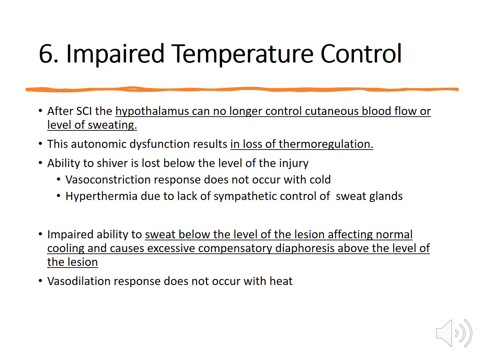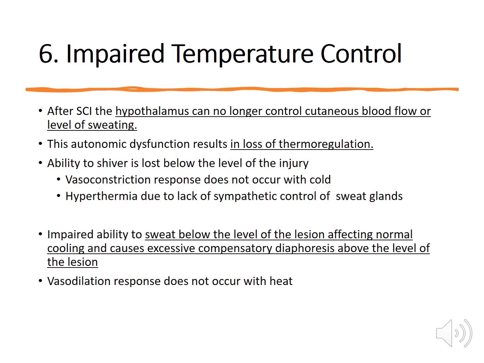So the impaired ability to sweat below the level of the lesion is going to affect the ability of the patient to normally cool off when they are in a hot environment, and it is going to cause excessive compensatory diaphoresis. So there's going to be a lot of sweating above the level of the lesion.